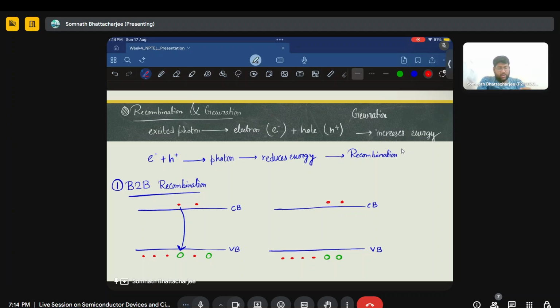Now, a certain electron gets excited and moves to the conduction band. It moves here, and based on that, a new hole is created. This is known as band to band generation.